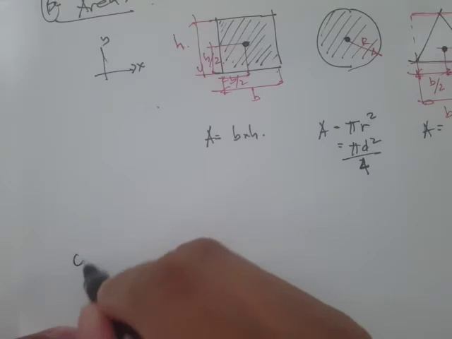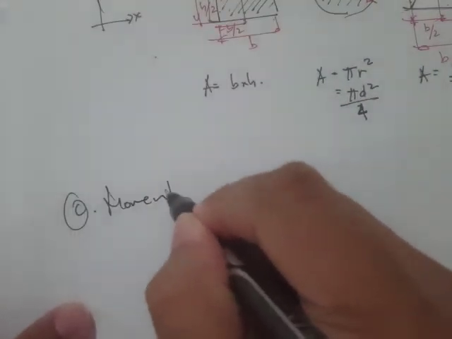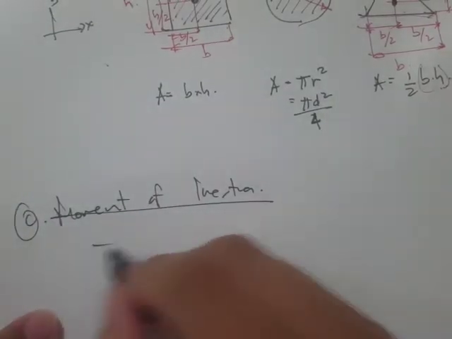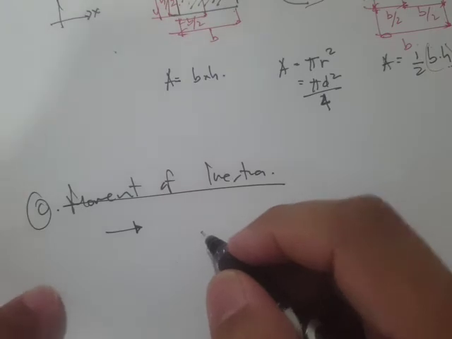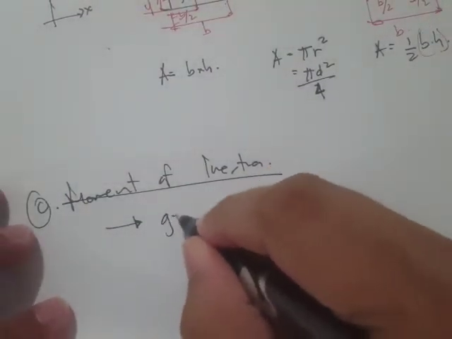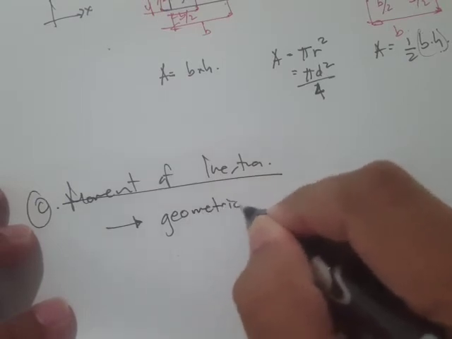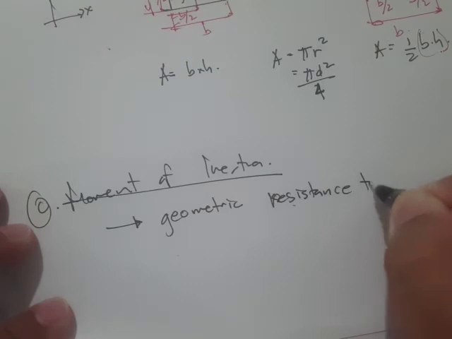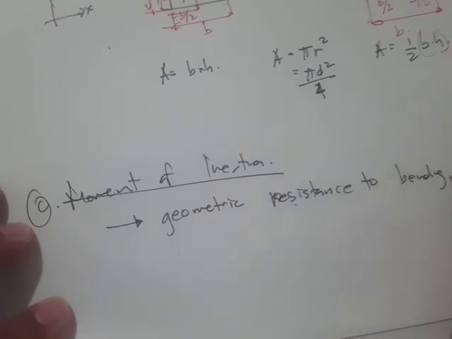All right, so now let's move on to the moment of inertia. Recall that in statics we have already studied that the moment of inertia is basically the geometric resistance to bending.